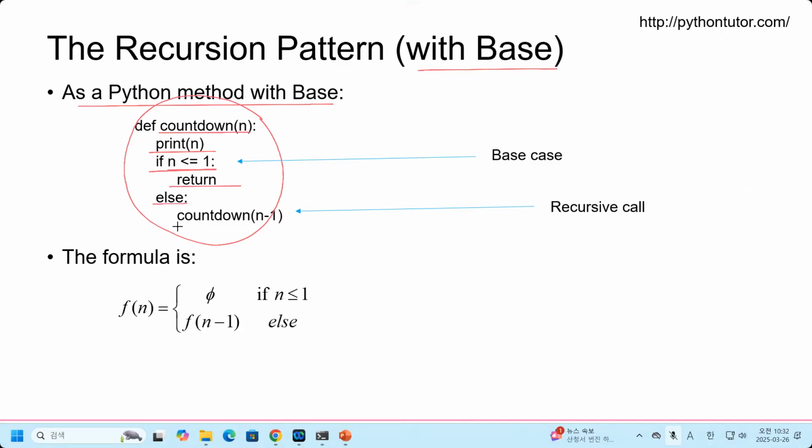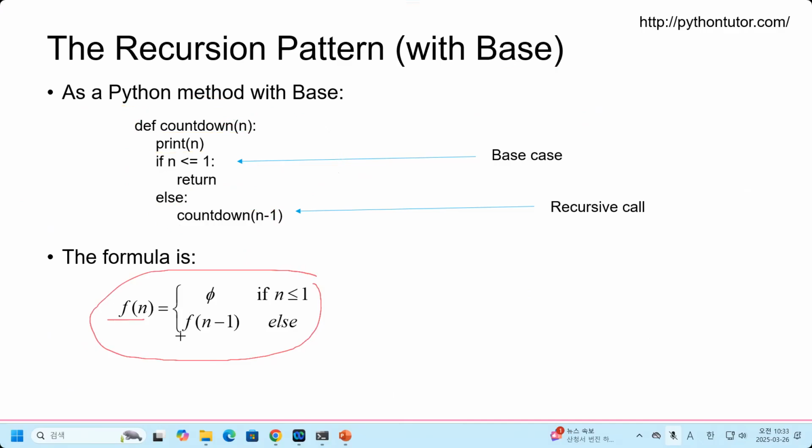If not, then countdown n minus 1. So countdown n minus 1 means I will do this function again. So the formula will be something like this. Fn will be Fn minus 1, else if n is less than 1, it is empty. Okay, one more time. If it is less than 1, it is empty. Otherwise, go to n minus 1.